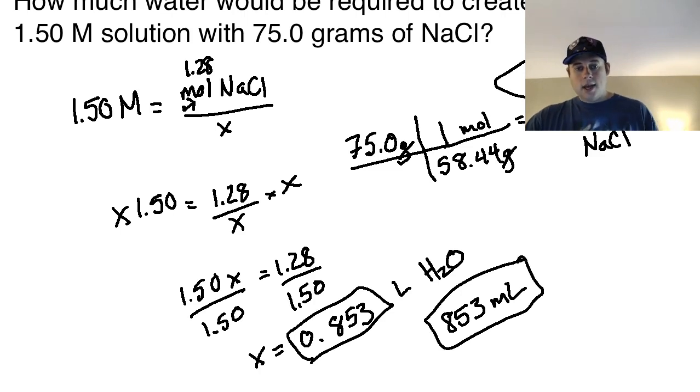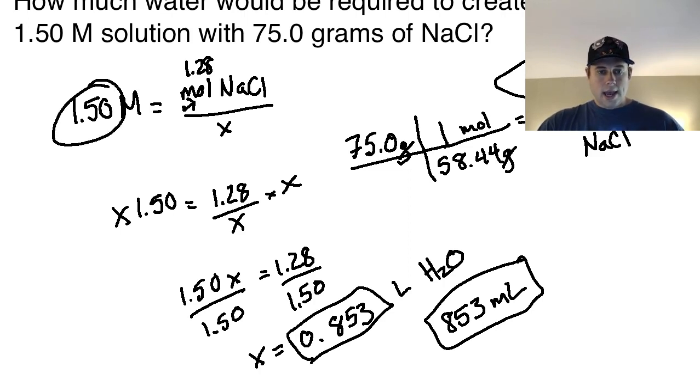So if I add 853 milliliters of water to 75 grams of sodium chloride salt, I would end up with a solution that is 1.50 molarity. And again, I was minding my significant figures the entire way through this. We started with 3 and 3, and that means I end up with 3 in my answer.